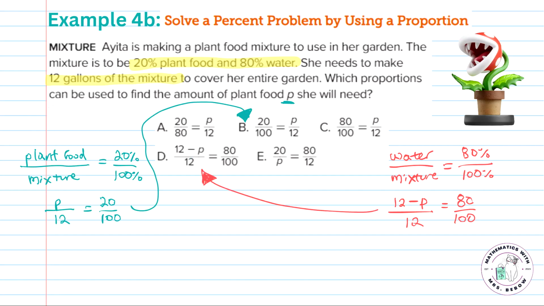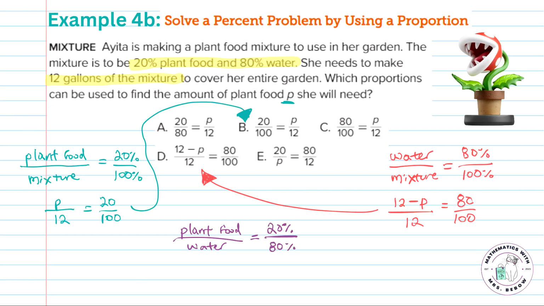Now, an option that's not shown on here, because right now they're saying only B and D are the ways of setting this up, but we actually have a third option of setting up this problem to then go through and solve. If I get a different color so we can make it clear on the screen here, we could do plant food to the amount of water in this mixture, right? And we know that the plant food is 20% of the mixture, while the water is 80% of the mixture.